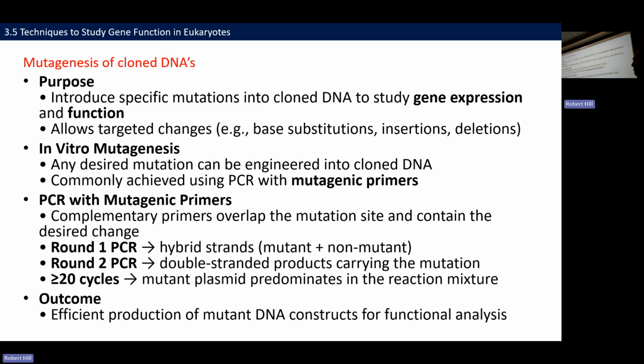What are ways that you can actually change the DNA sequence in the genome? All right, what are ways that you can mutate a gene in vitro? You can use a modified form of PCR to do this as well. This is called mutagenesis or PCR-directed mutagenesis.